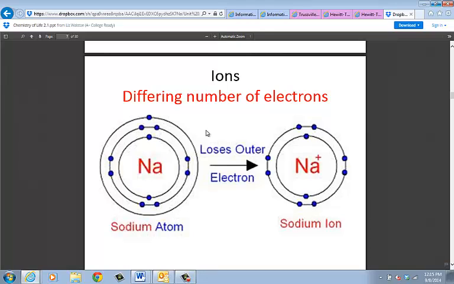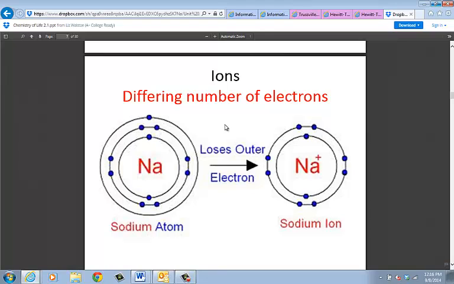So because there's only 1, that electron wants to leave and go find another party. And so that electron is going to leave and go somewhere else, and we'll look at some examples of what happens when it leaves. But notice that when it leaves, the next level is now full. So that lower level is now full.